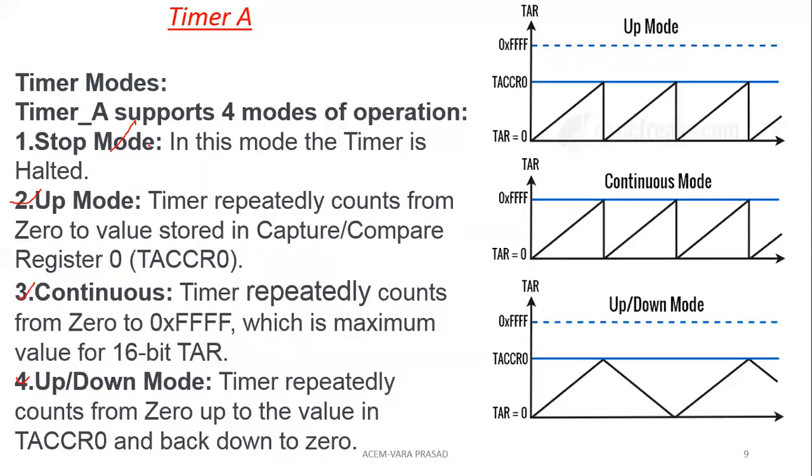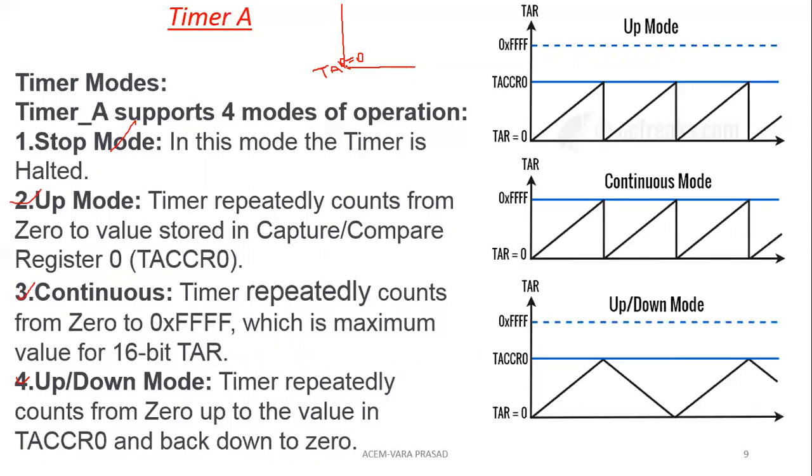So what is the stop mode? Stop mode means the timer will be stopped. At that time you have to draw a graph. TAR equals 0, that means the count is 0.